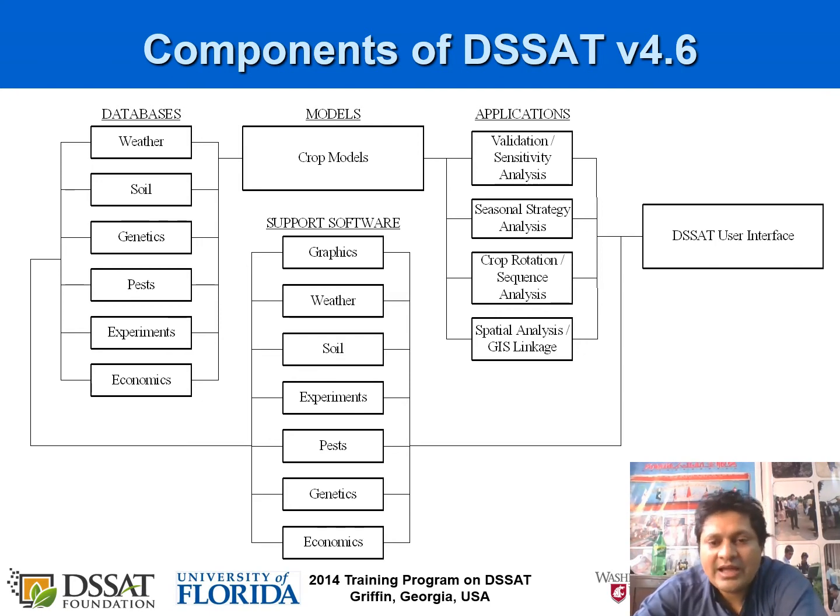We can have a number of applications using the DSSAT model, such as validation, sensitivity analysis, seasonal strategy analysis, crop rotation sequence analysis, and spatial variability analysis by linking GIS.